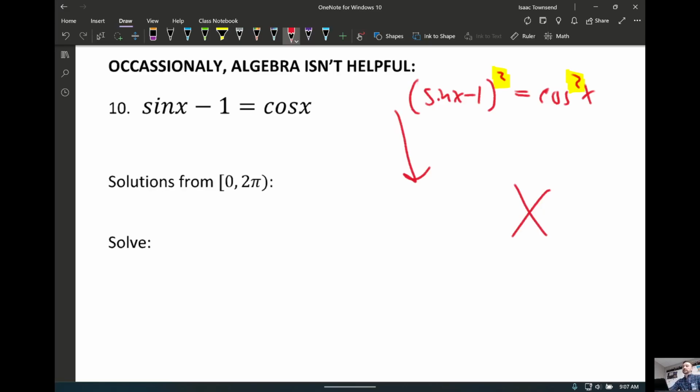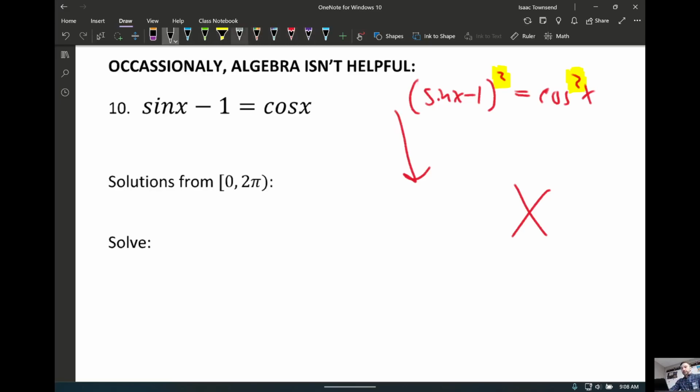Part of the problem with this is not only that it's a lot of steps and pretty challenging to not make an arithmetic mistake, but algebraically, when you square both sides of an equation like this, you may be creating extraneous solutions. Extraneous solutions are where all of your thought process and all your arithmetic and all your work is right, but the answer just doesn't solve the original equation. So you also open yourself up to that.